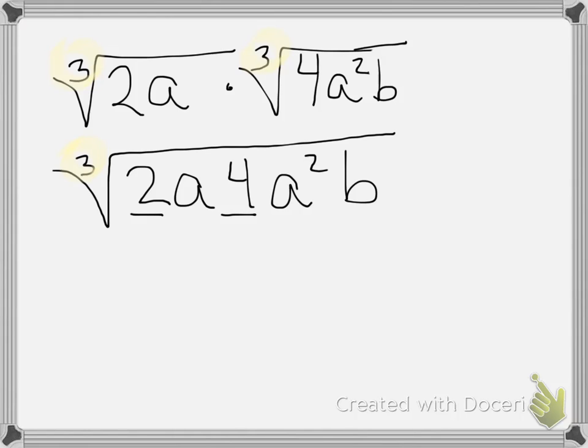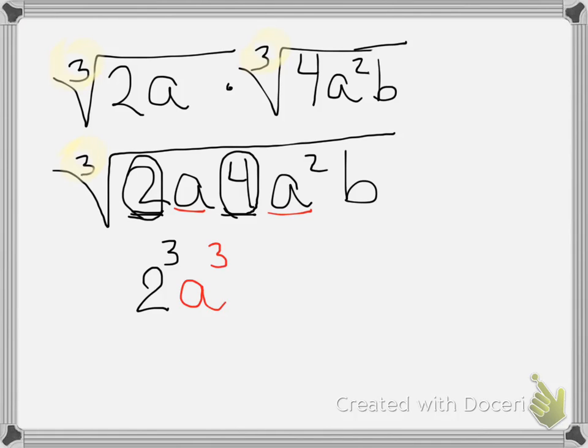this and this can be rewritten as 2 cubed, because isn't there one 2 here, and doesn't 4 have two 2's in it? So these can be written like that. Then the a's, if I have 1a there and 2a there, I can write them as a cubed. I don't know if this color coding is helping you, but then I have a b. So I still have the cube root.